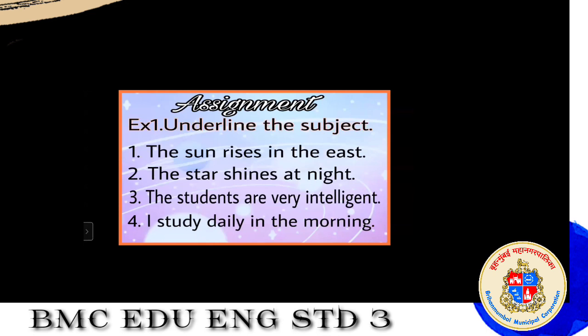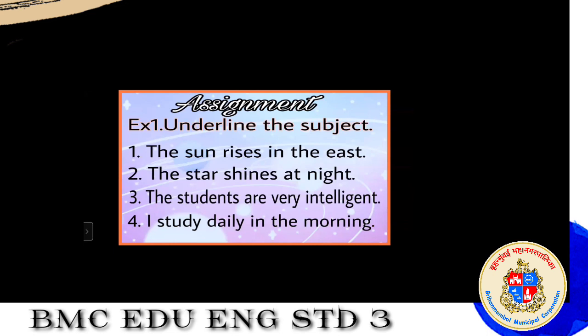Here the subject is the students. Okay, children. Now next, fourth question is, I study daily in the morning. I is the noun here. I is the naming part. So only you will underline I. Study daily in the morning is the predicate.